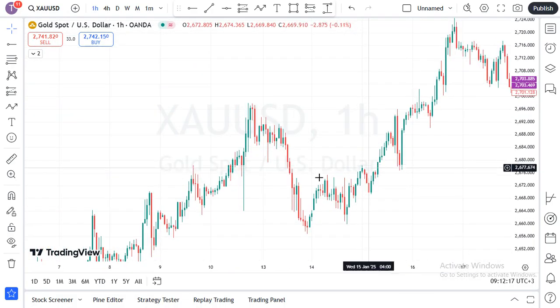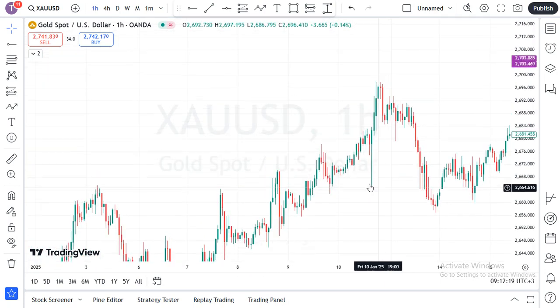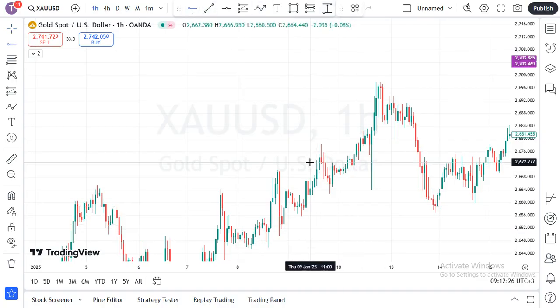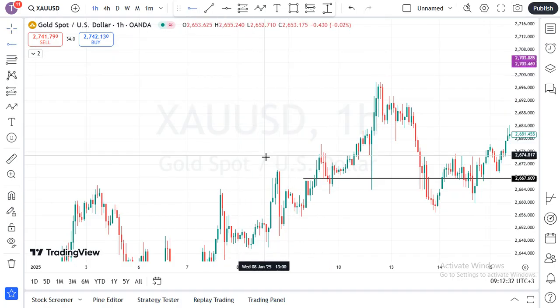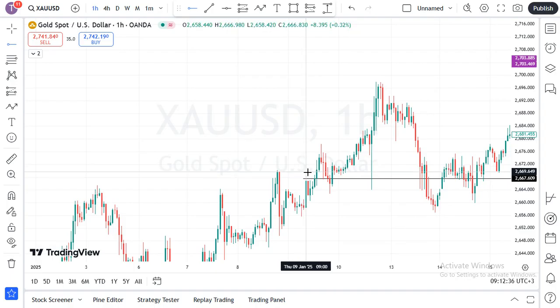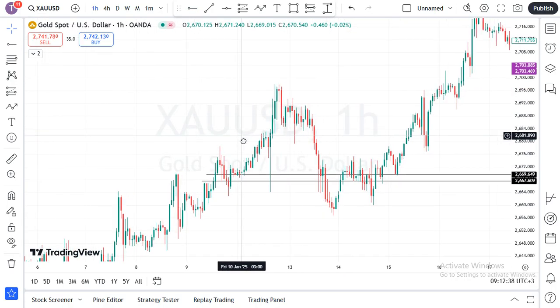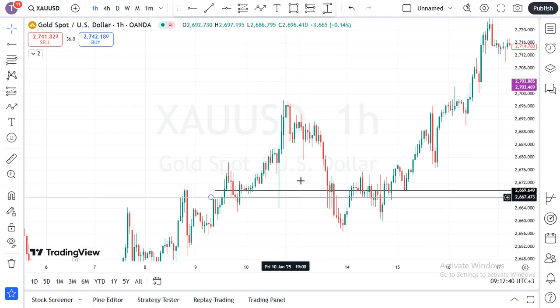Let's go this side. Let's go. Have it here. So I can see another one here. Where? Here. So it means this was a great zone.